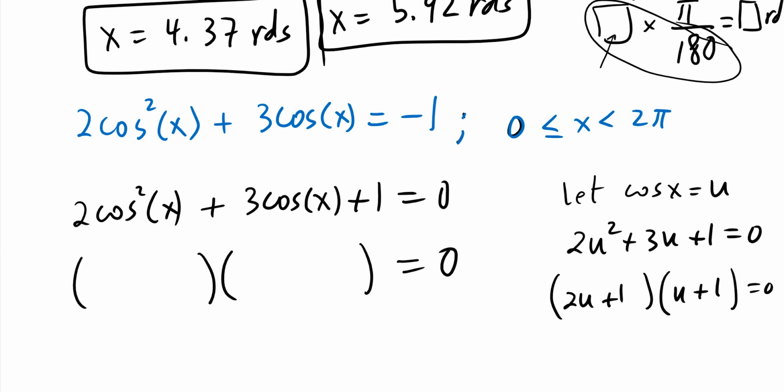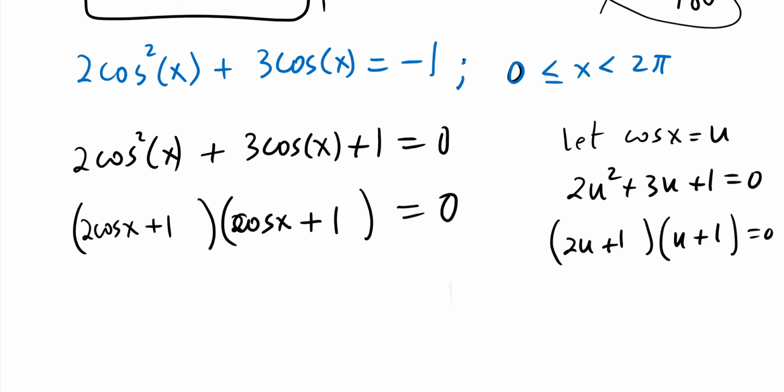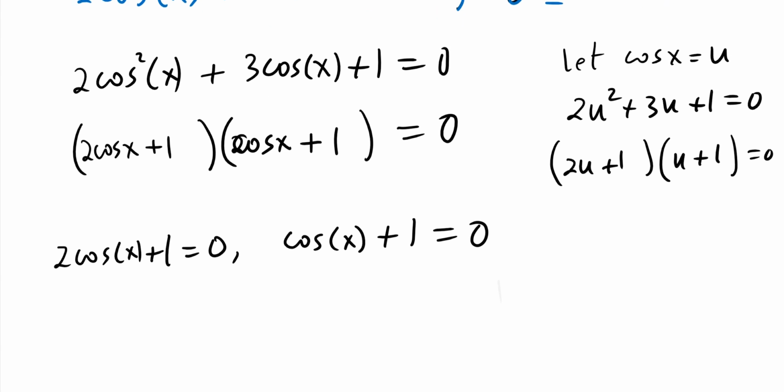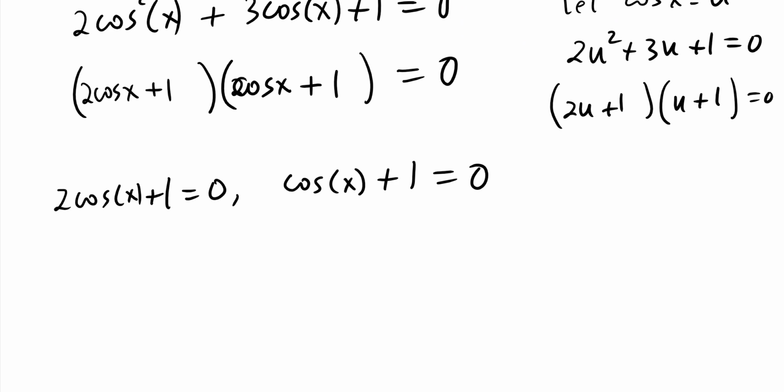Then instead of u, I put cosine x, so 2 cosine x plus 1 and cosine x plus 1. So I got two factors. In order for this product to equal 0, either the first one has to equal 0 or the second one has to equal 0. Now I have two separate equations.